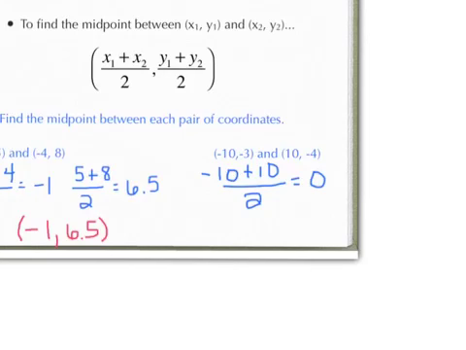Negative 3 plus negative 4 is negative 7, divided by 2. That is negative 3.5. And so then my coordinate would be 0, negative 3.5. Okay, that would be your midpoint.